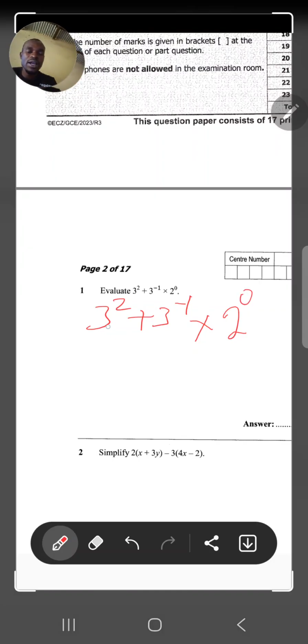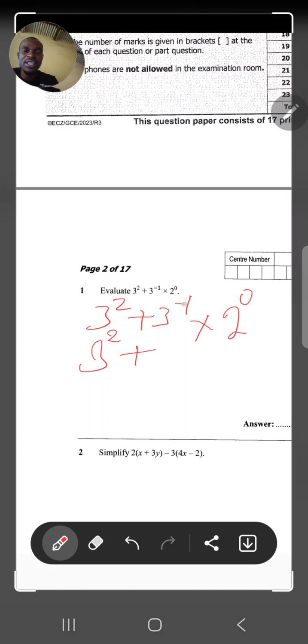Now here we are adding, we are not multiplying, so we cannot work with the powers by getting one base. Because we are adding, we are going to work these ones one by one. So we are going to simplify 3 to the power 2 plus 3 to the power negative 1.